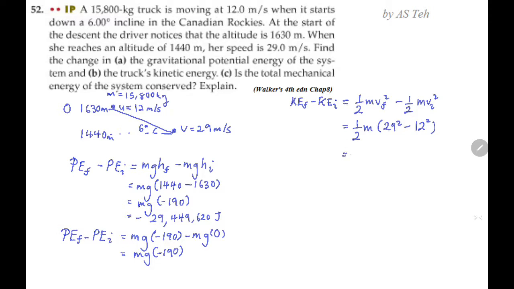And if we were to calculate it out, we actually get 5,506,300 joules. So it's about 5.5 megajoules.